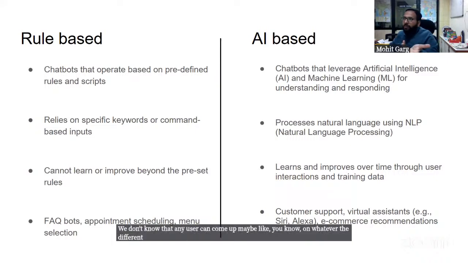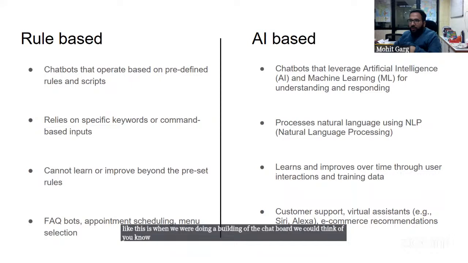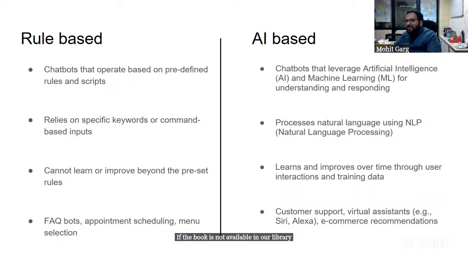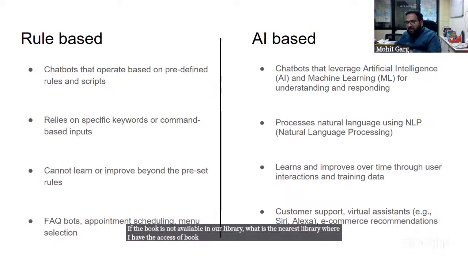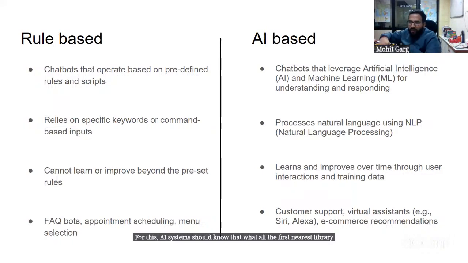For example, when we were building the chatbot, we thought of this: if the book is not available in our library, what is the nearest library where I can access the book? For this, an AI system should know which library is nearest to this particular institution, and in which library this book is available.